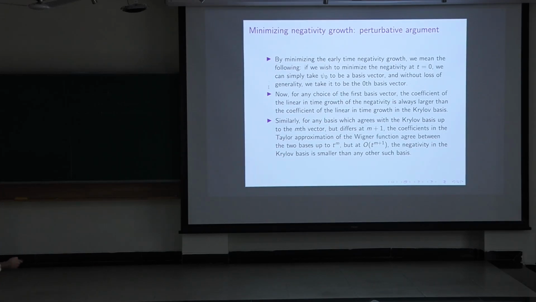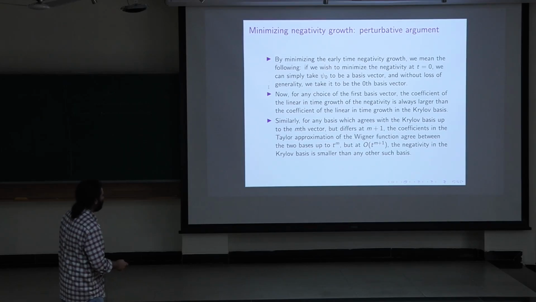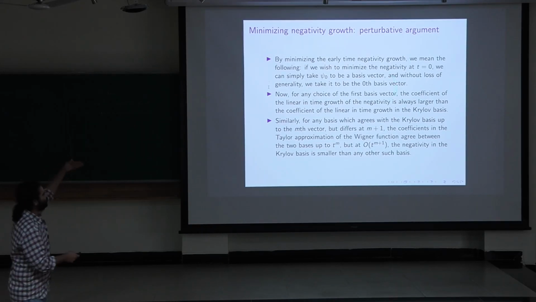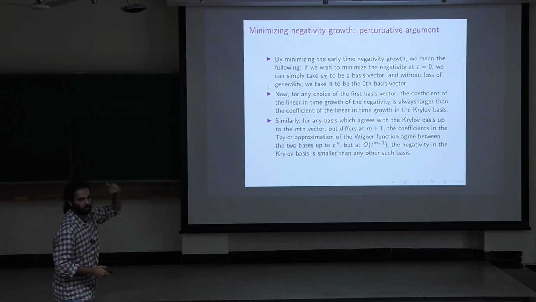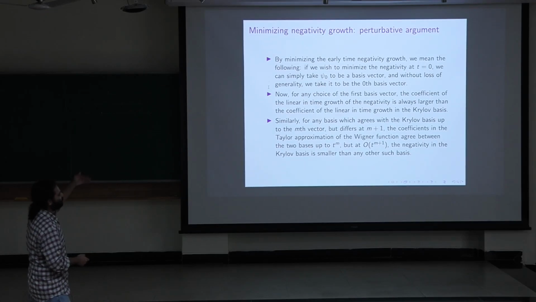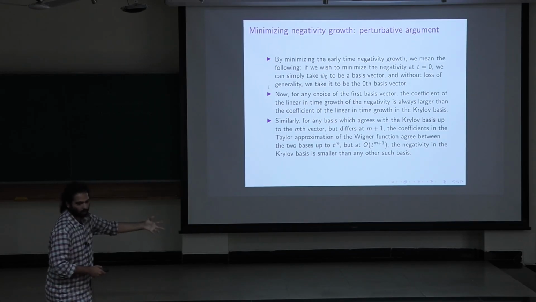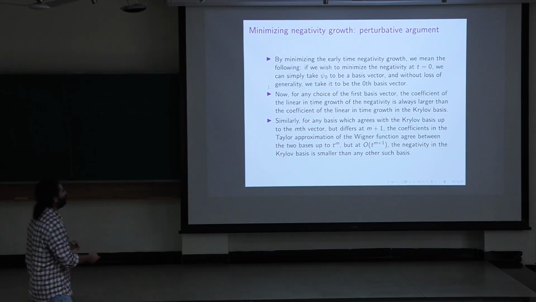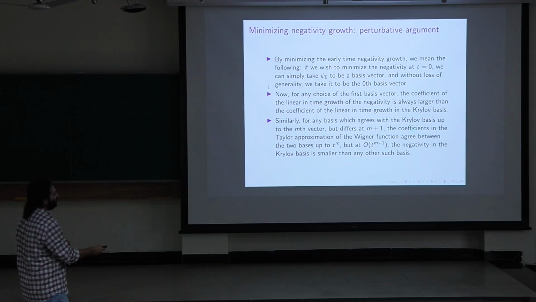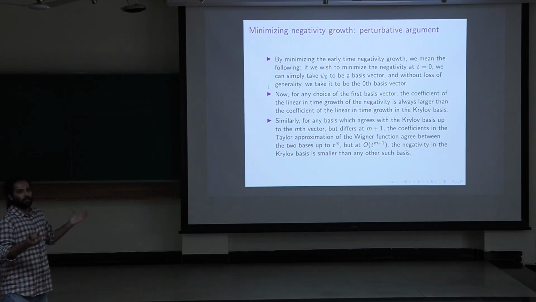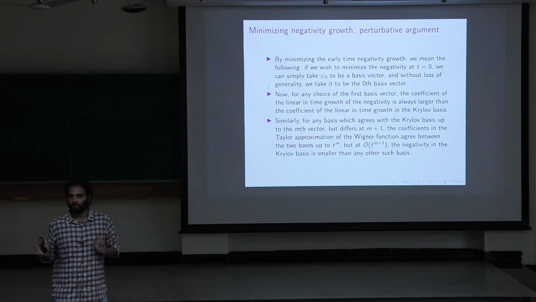So just to wrap up this part of the discussion, you can continue with this argument. The first basis vector you're forced to pick to be the one in the Krylov basis. Then you can show that if you have a choice of basis where you agree with the Krylov basis up to the mth basis vector, but it differs at order m plus 1, then the coefficient of the order t to the m plus 1 term in the negativity would be larger for any other choice of basis vector other than that of the Krylov basis.